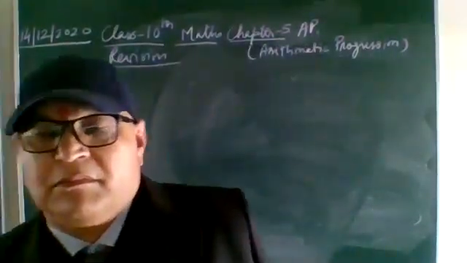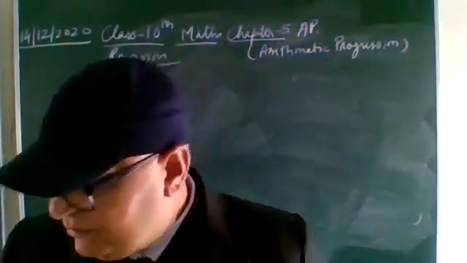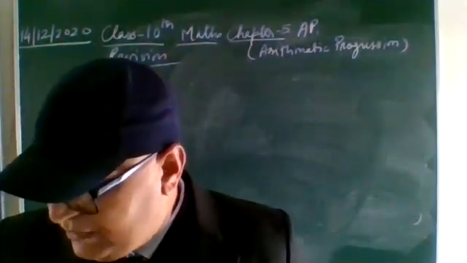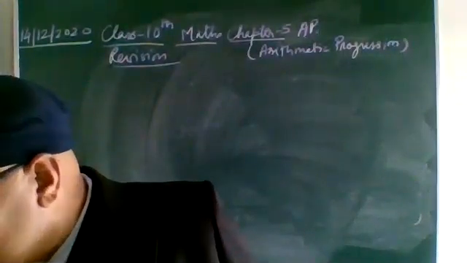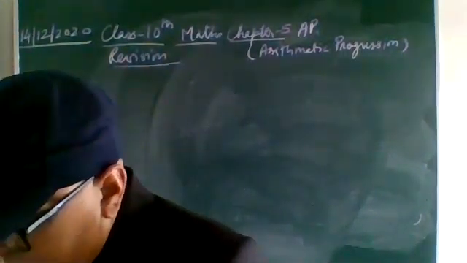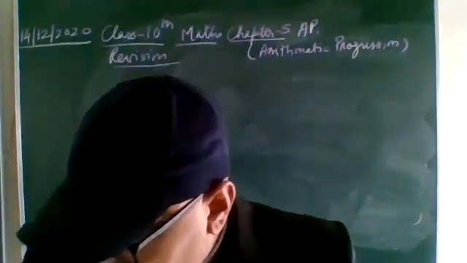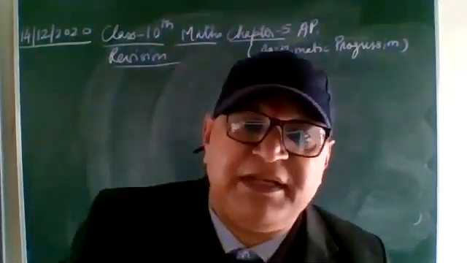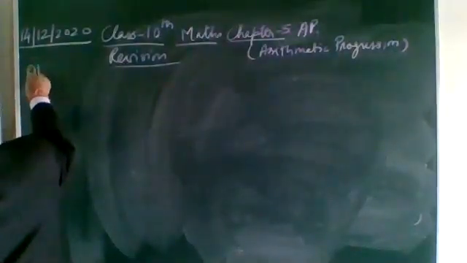Now we will do the revision of arithmetic progression, which we studied in the last class, that is, the questions. Now the question is the sum of first n terms. Question number 1.